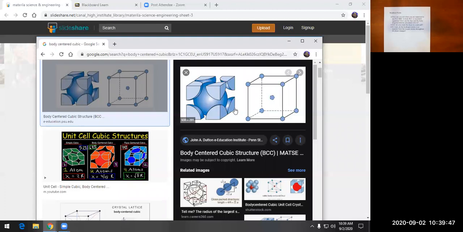So it is not that the body diagonal and the face diagonal are always 4r in every case. It's that in the face-centered cubic structure, the face diagonal is 4r. And in the body-centered cubic case, the body diagonal is 4r.